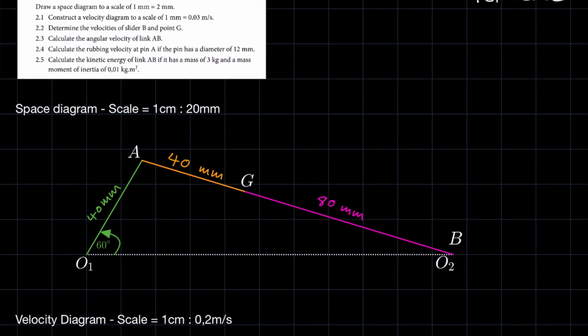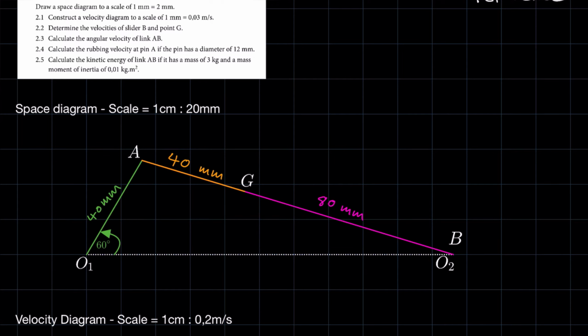It is of utmost importance that you understand the basics and the principles surrounding kinematics, and that you know how to draw a space diagram as well as a velocity diagram. Everything else that follows after you've understood that is very easy.